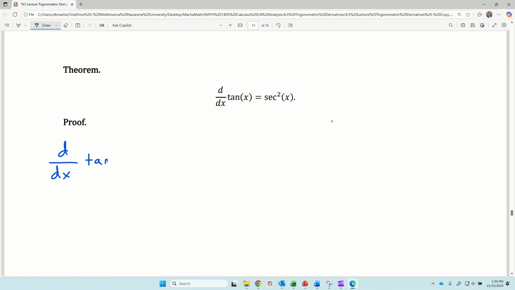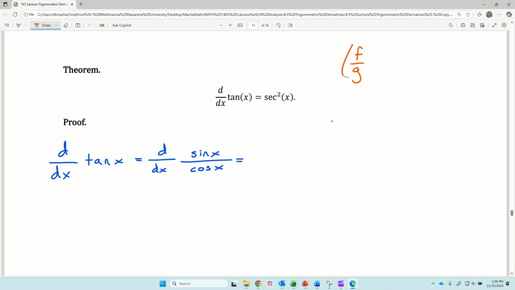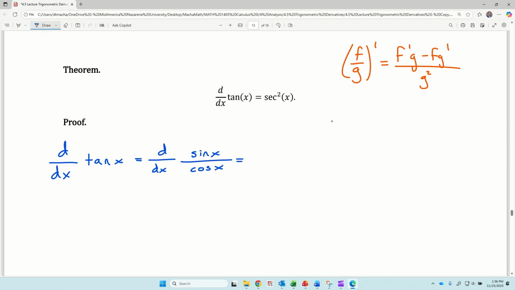We're taking the derivative of tangent, which is the same as taking the derivative of sine divided by cosine, which you remember from trigonometry. And then using the derivative quotient rule, and I remember the derivative quotient rule as being this: f prime g minus fg prime divided by g squared, where f is sine of x and g is cosine of x, obviously corresponding to the numerator and denominator.